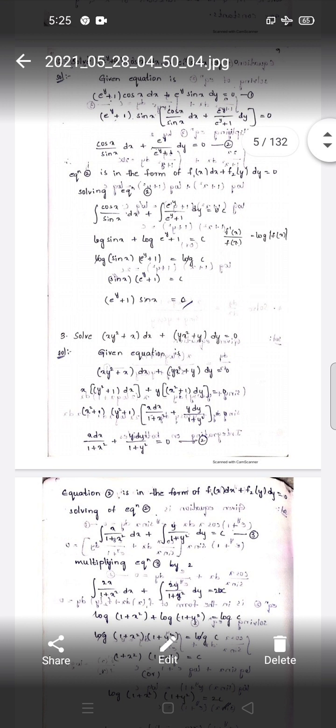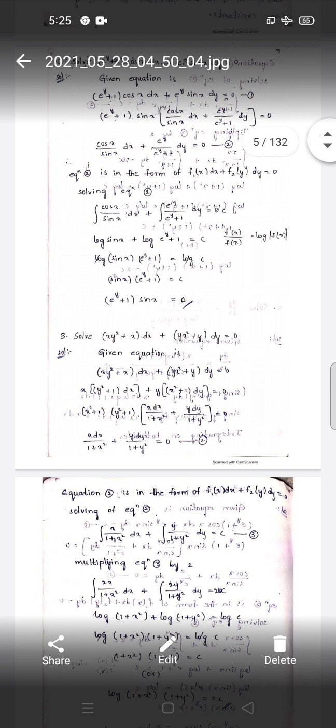The left side is totally in log form, so the right side is also written as a log, log c. So log of sin x times (e^y + 1) equals log of c.